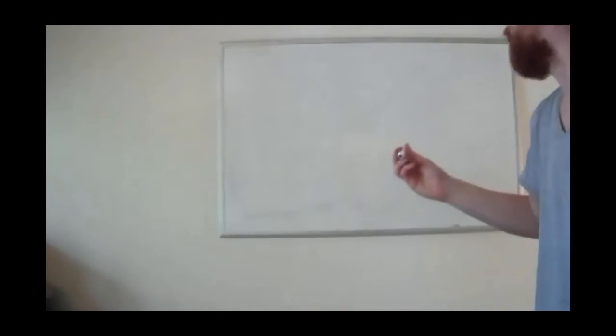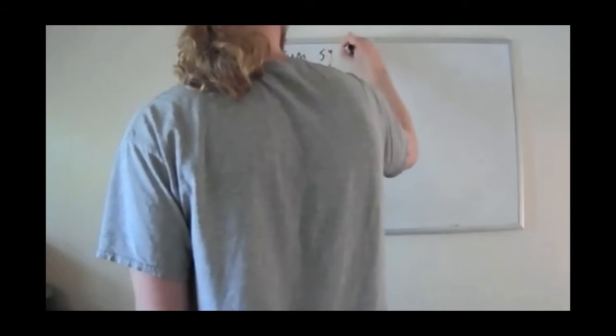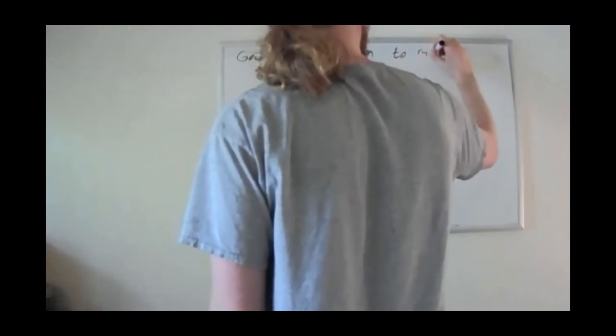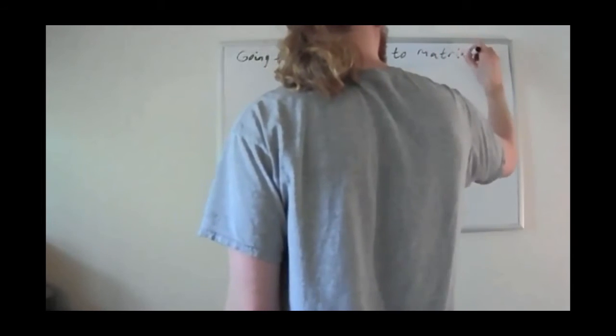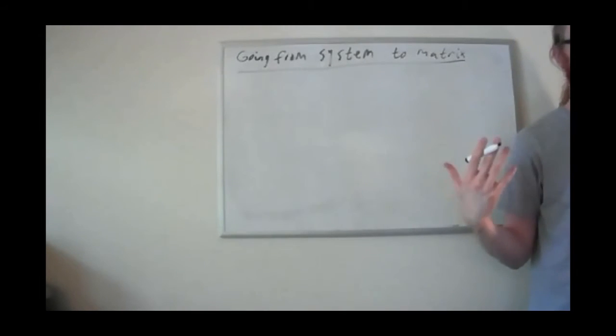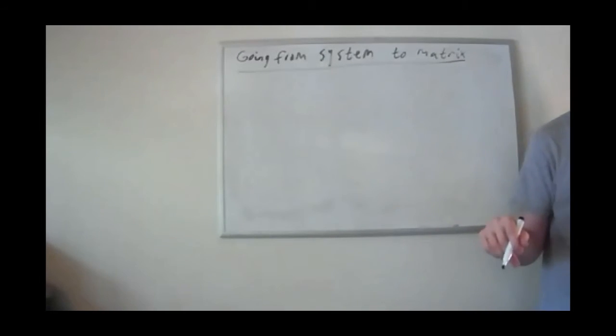Okay. So today, if I give you a system, the idea is that I want to get a matrix. So it turns out if I give you a system of equations, I can find a matrix for that system. And I'll show you what I mean.